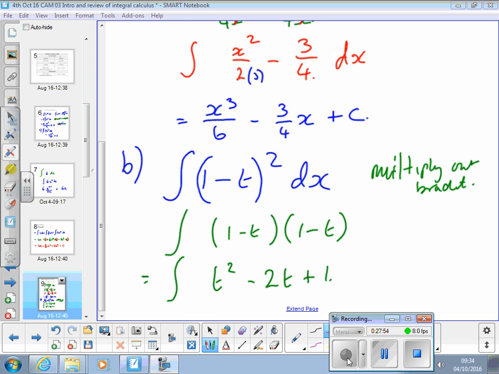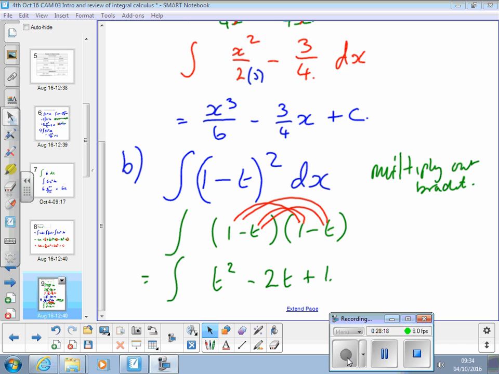Multiplying out those brackets, we have to do 1 times 1, 1 times minus t, minus t times 1, minus t times minus t, which becomes a plus t squared. So we multiply everything in one bracket with everything in the other, and we end up with that.